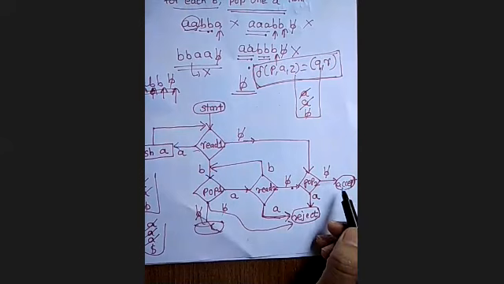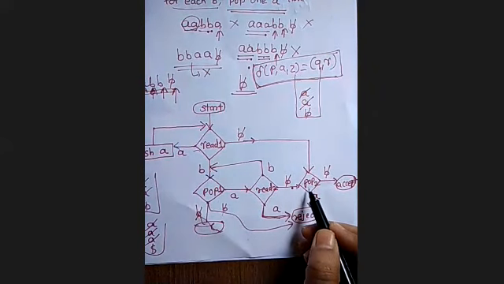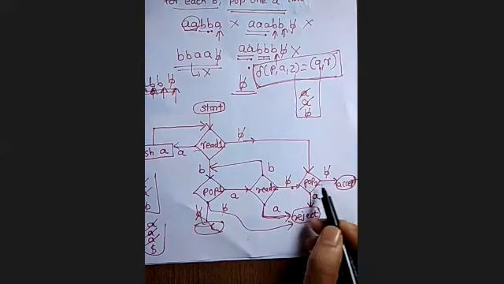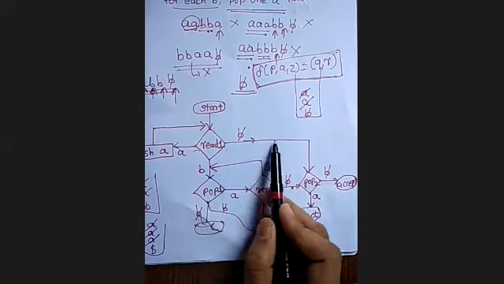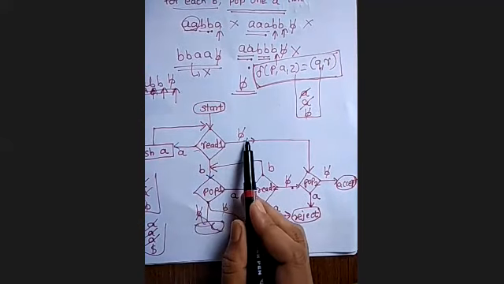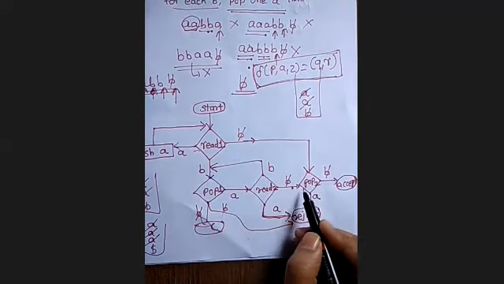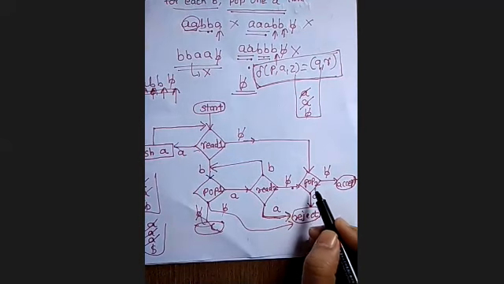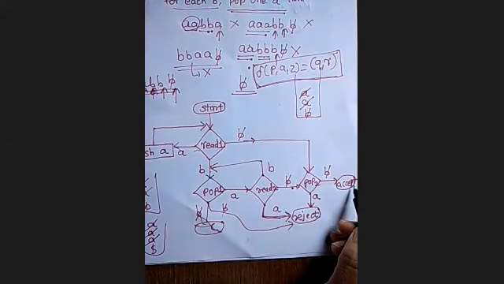The second case of acceptance is in read 2: if you get the blank and you pop the symbol from the stack, and it is also a blank, then it is accepted. The first case will be when your n is equal to 0, then in read 1 you will get the blank. For the remaining accept cases, in read 2 you will get the blank at the end of the string, and then you will check whether the stack is empty. If the stack is also empty, then it is accepted.